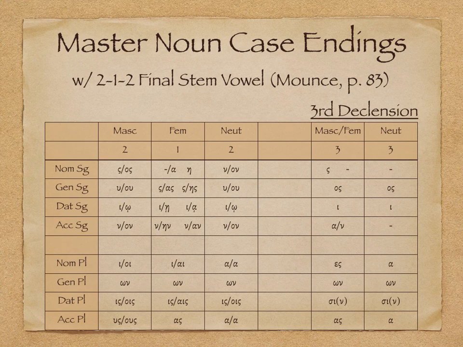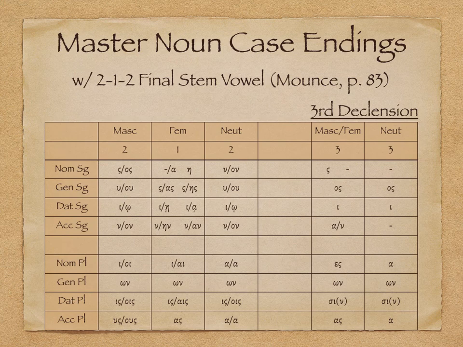You have sigma, and then there's something different, upsilon for masculine, second declension, masculine feminine, third declension, omicron, sigma. And then iota, that's the same. And then if you look at genitive plural, that's the same. Dative plural, a little bit of a difference with iota sigma versus sigma iota.